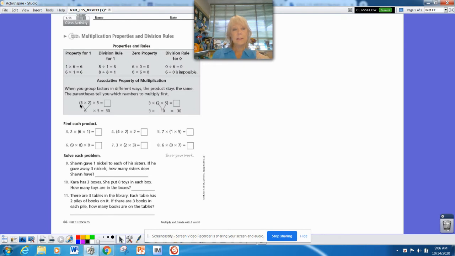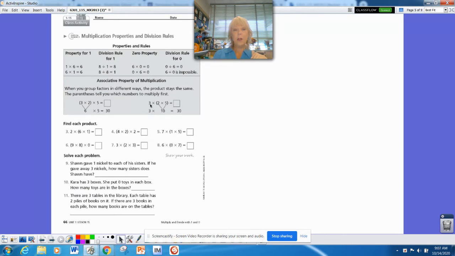In the parentheses, 3 times 2 is 6. Notice how they are pulling that down together, creating a new little equation underneath. Now it's 6 times 5, and that's going to equal 30.